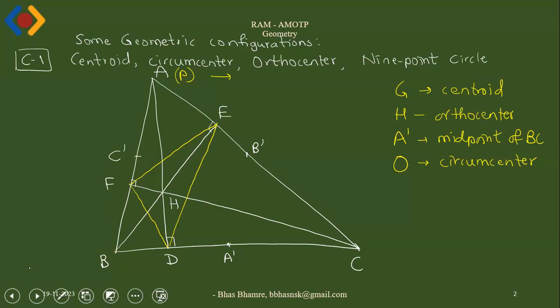How is it the altitude? See, from A, how can I draw the perpendicular? The perpendicular lies on the point A only. So from A to AB, if we draw the perpendicular, the point is the same. And to the other, the point comes over here. So if we join these all, we get AD. That is the pedal line.